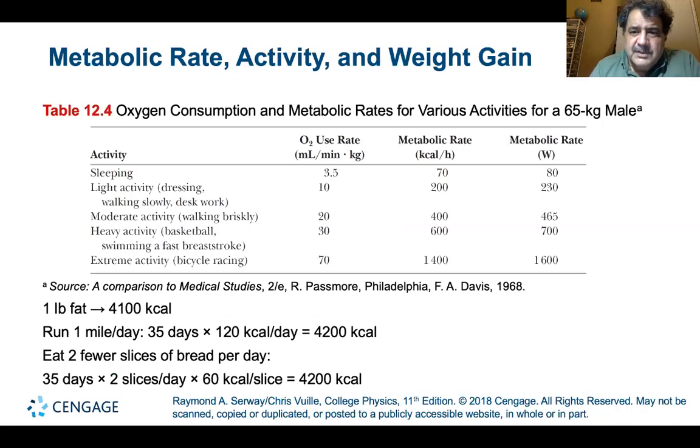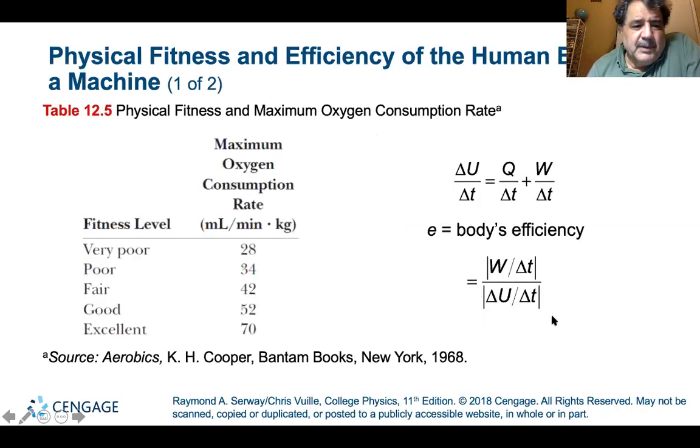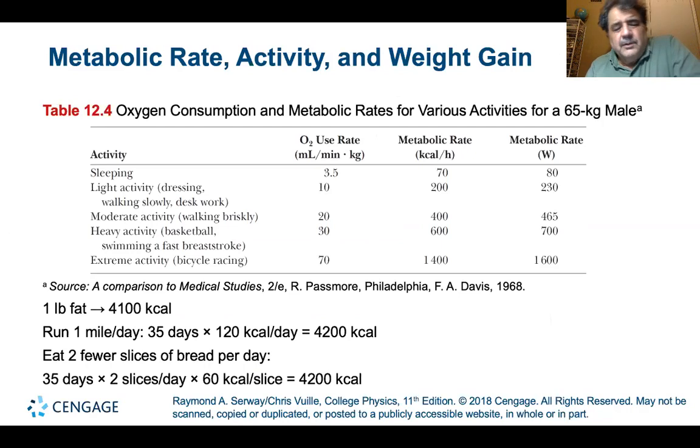And here are some rates for a 65 kilogram male. Sleeping, you can see the oxygen used goes from low to high. The metabolic rate goes from low to high. This is in kilocalories per hour. This is in watts. So these are all about the same.